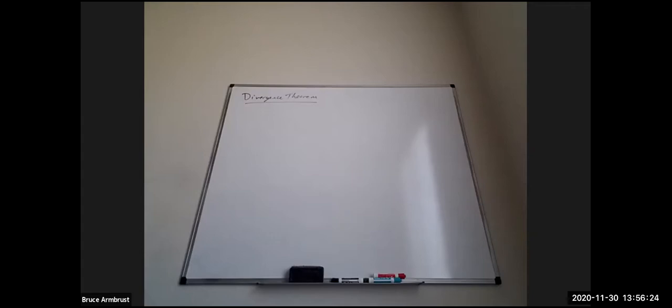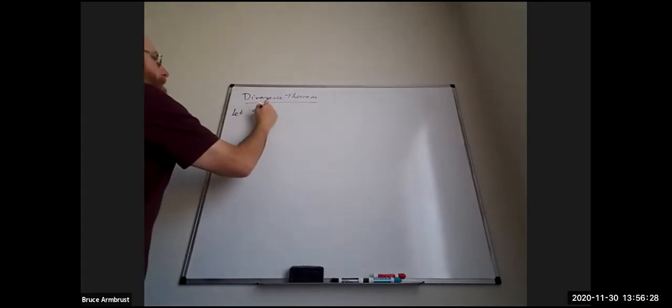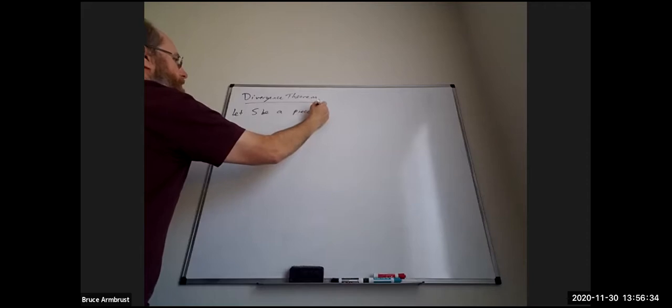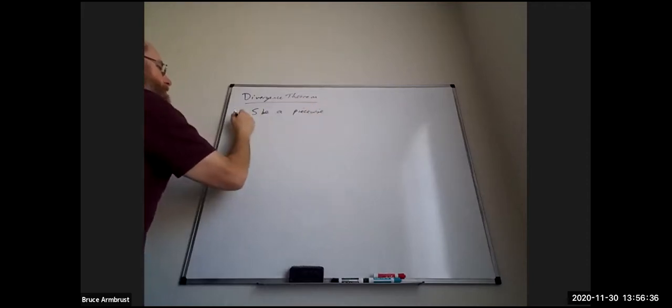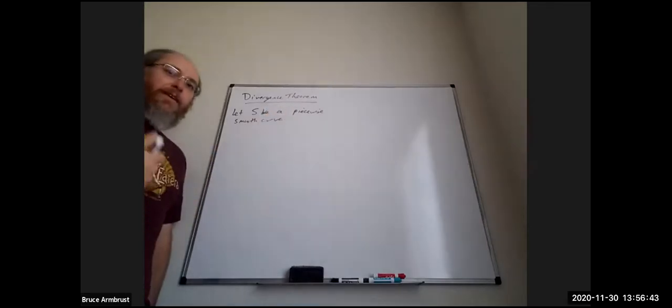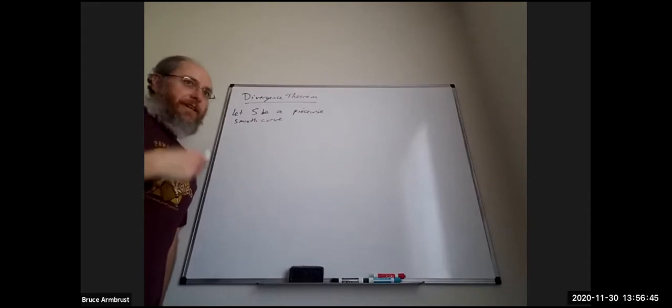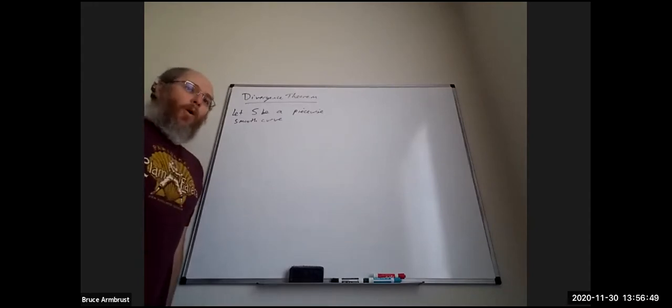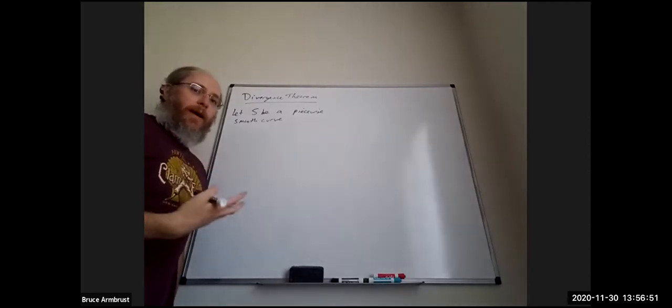Okay, so first of all, what we need to have is a piecewise smooth curve. Smooth curve, hopefully you guys can remember what that means. Piecewise just means as a whole, it doesn't have to be one smooth curve.